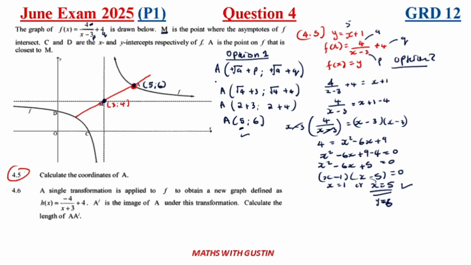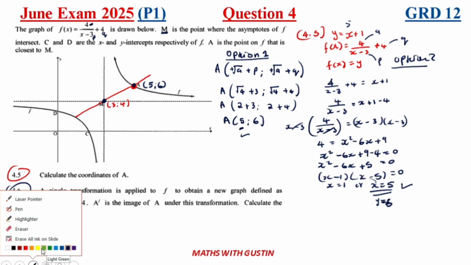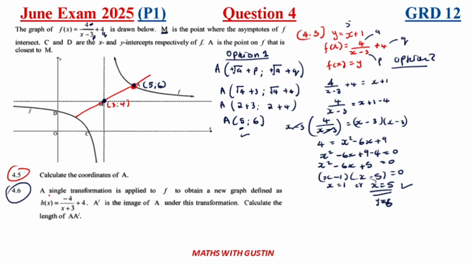Great stuff. So now let's have a look at question 4.6. All right, 4.6 says a single transformation is applied. While I'm also changing the color here, let me go back to red. It says that a single transformation is applied on f to obtain a new graph as shown here.